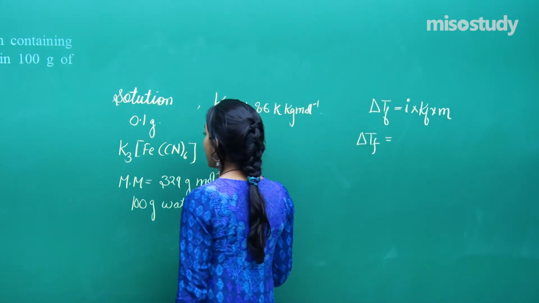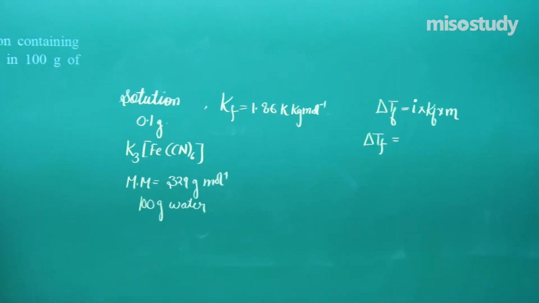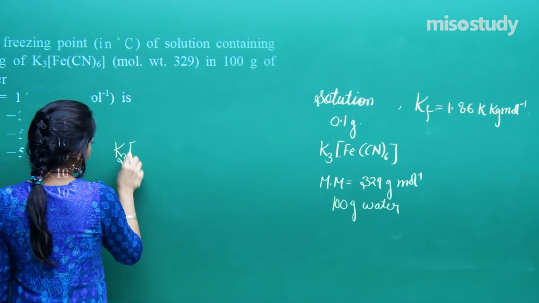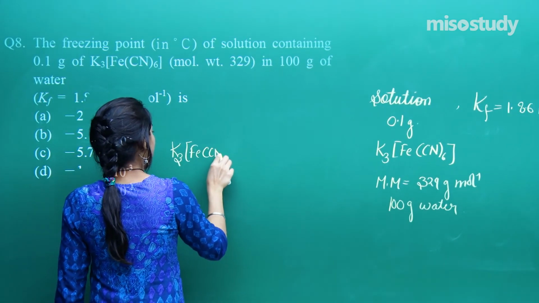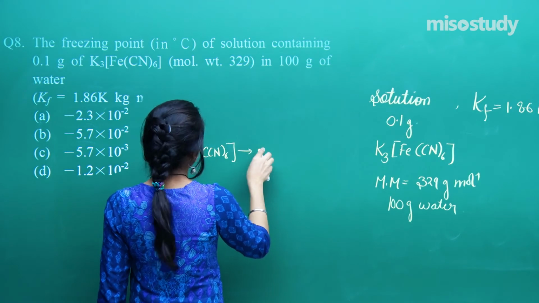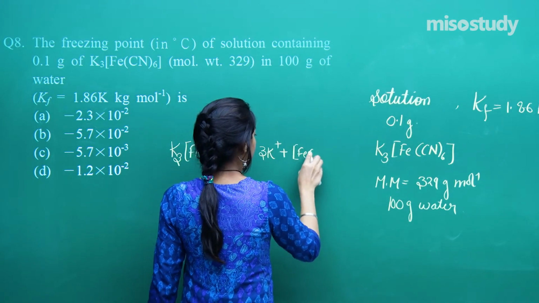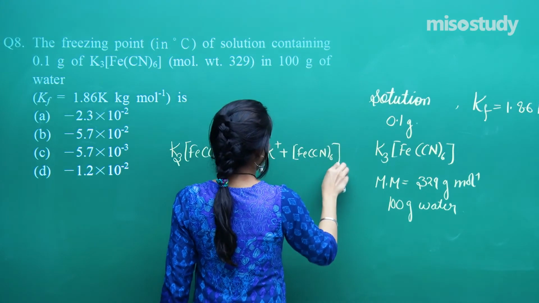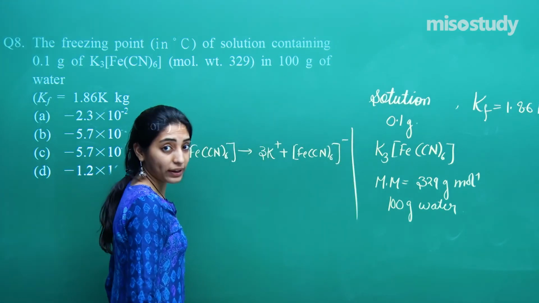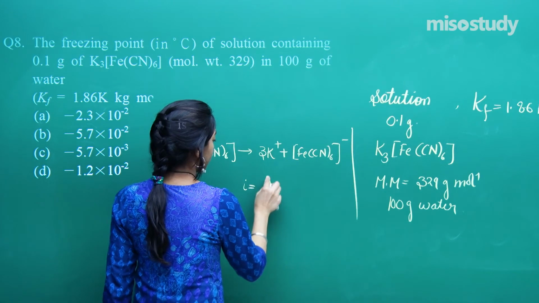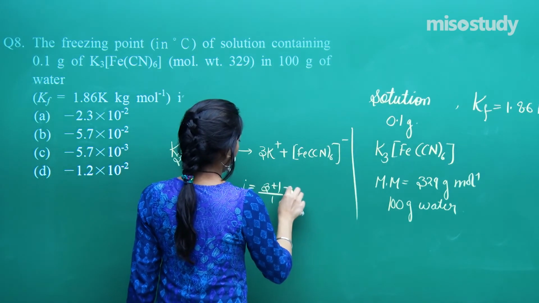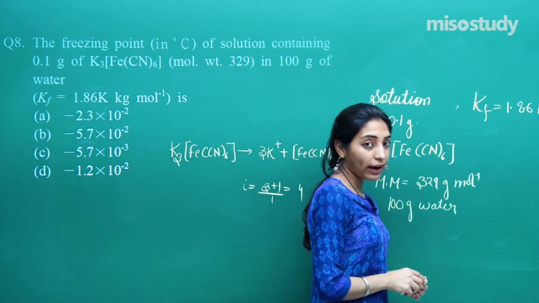Now what is K3[Fe(CN)6]? When you take an aqueous solution of K3[Fe(CN)6], this will lead to the formation of 3K positive plus [Fe(CN)6] with a negative charge, making it a total of how many particles? 3 plus 1, so 4. So the value of i will be 4.